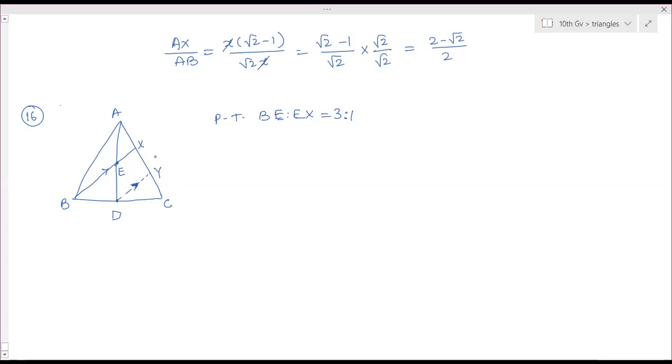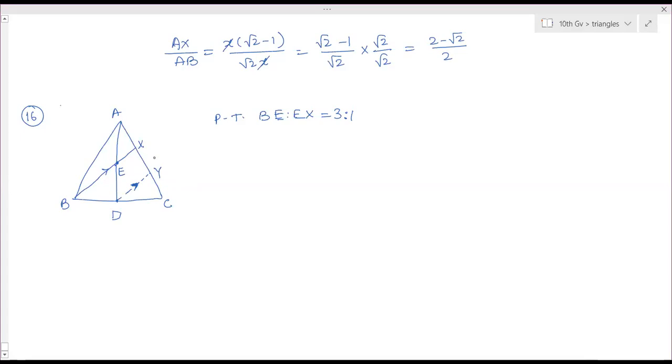So here, what can we use? Now, how can we use this? Ma'am, since it's parallel, the corresponding angles and angle C, so therefore those two will be similar. So that is what we did here. Needed it, not right now.